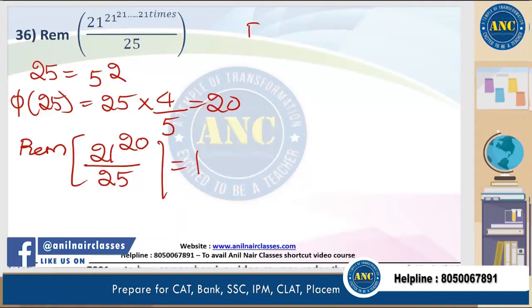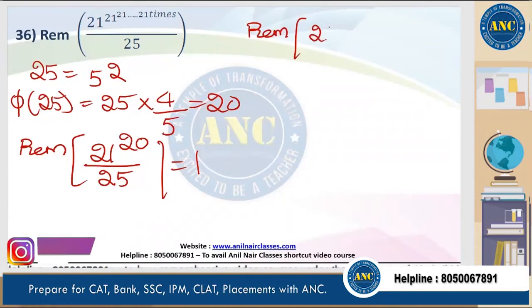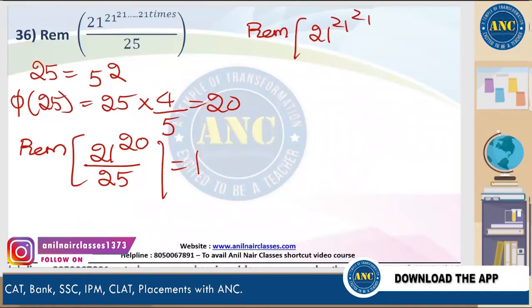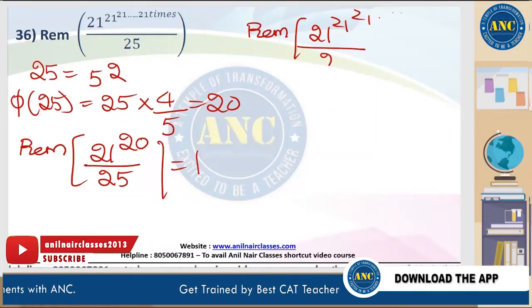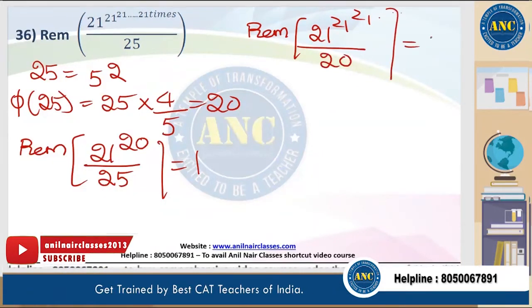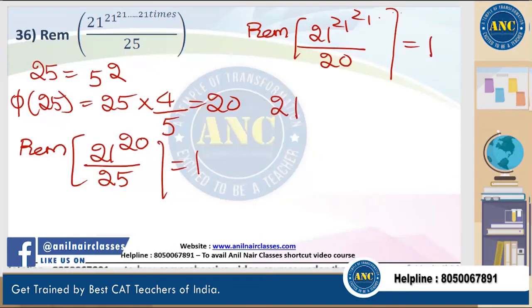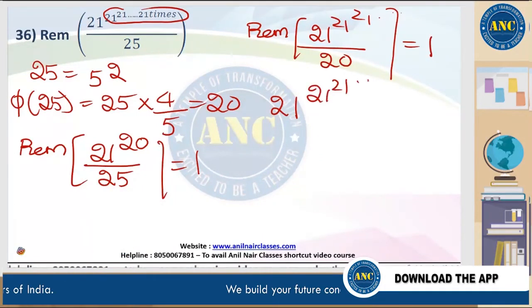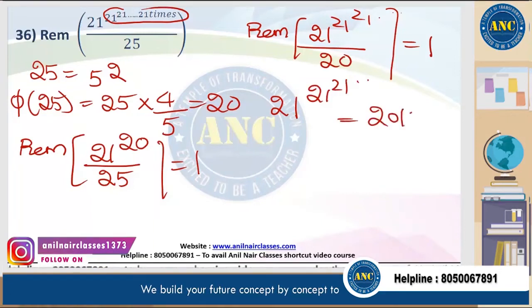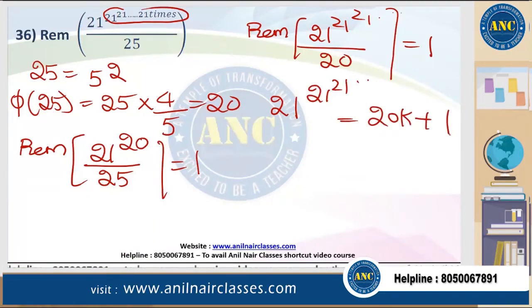So divide this power. The power is nothing but 21 power 21 power 21 and so on, divided by 20. 21s are 20, it is 1. So the total power can be written as divisor into quotient plus remainder, which is 20k plus 1.